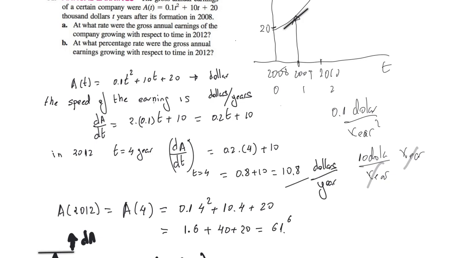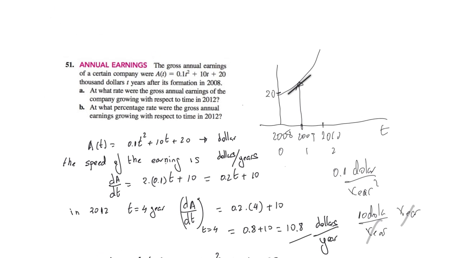It's like they pay you $10 per hour. So every hour you earn $10. But that is a fixed amount of money that they pay you per hour. Here, the amount of earning per unit of time is changing with time. As you see, when you are in 2010, the slope is bigger, so the slope is changing with time.